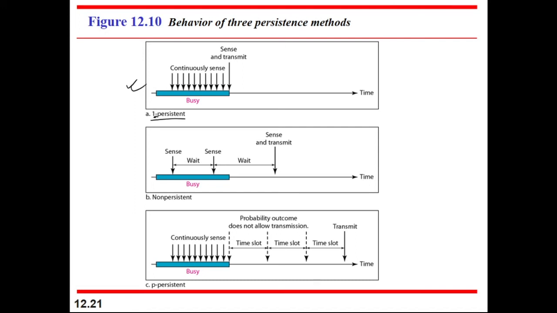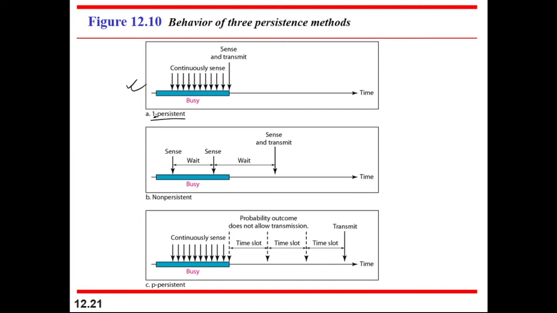The station is sensing the channel, and obviously this is carrier sense multiple access, which means you need to check whether the channel is free or not. When the channel is free, at that time you send. In one-persistent, the station need not wait; it sends the frame immediately with probability 1. That's why it is called one-persistent.